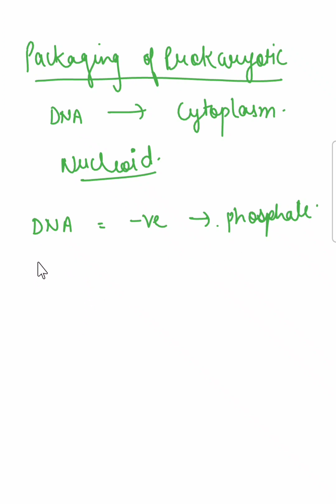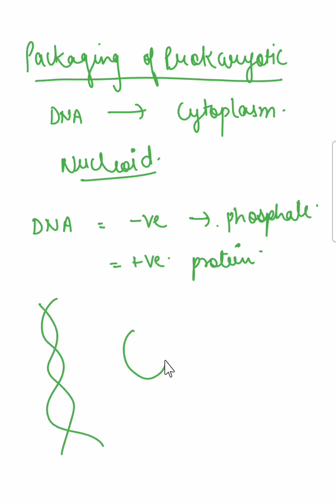So this DNA needs a positively charged protein. The protein is positively charged and DNA is negatively charged, so it is definitely going to wrap around the positively charged protein.